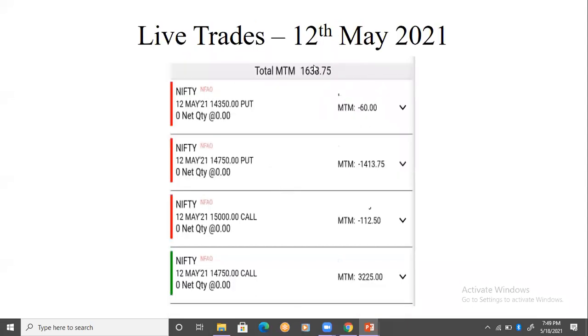Now this is another participant. You can see same strikes, sold 14,750 put, sold 14,750 call. And look at the profit in intraday, 1,600 rupees. Margin required 40,000. On 40,000, if you are making 1,600 in intraday, it's like 4% gain.